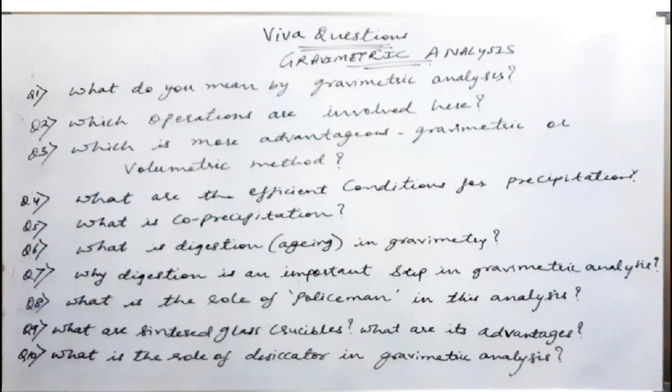See the next question. What are sintered glass crucibles? What are its advantages? In gravimetric analysis, you can take help of even Whatman filter paper. Then you can also go for Gooch crucibles, or the best way for effective separation, we prefer sintered glass crucibles. Now, what are sintered glass crucibles?